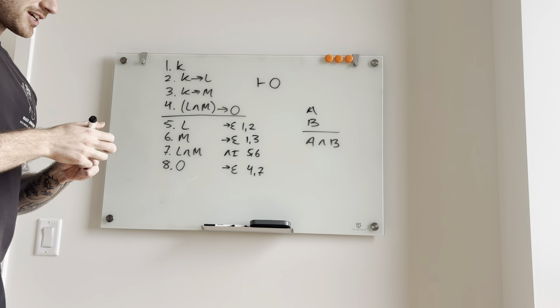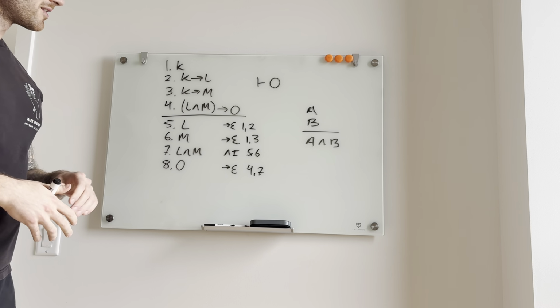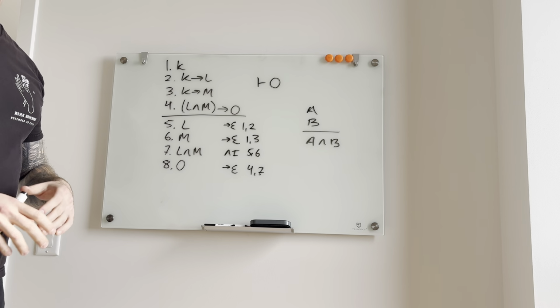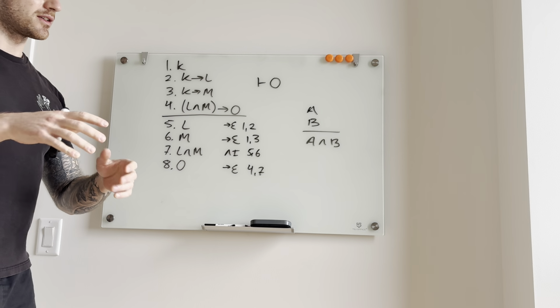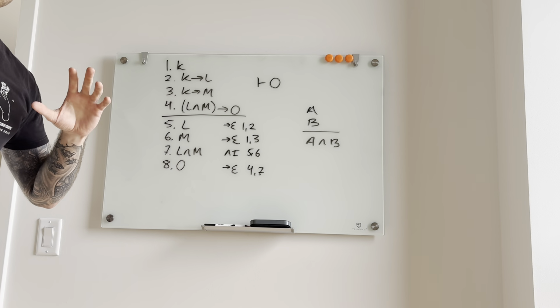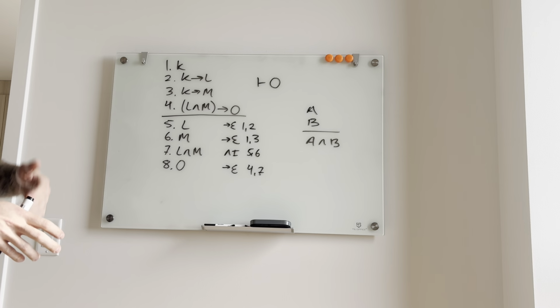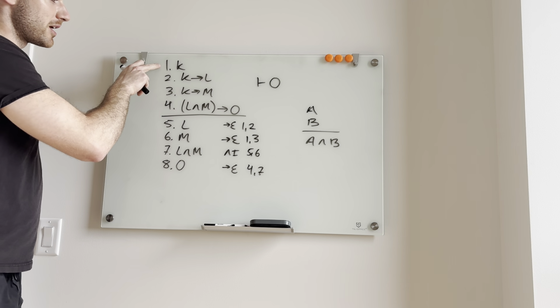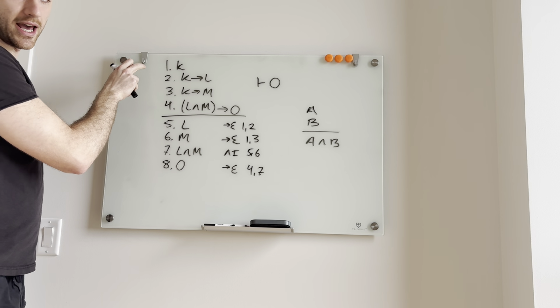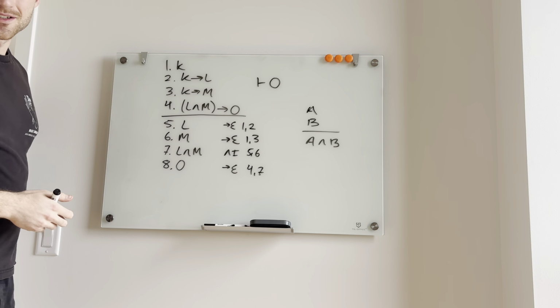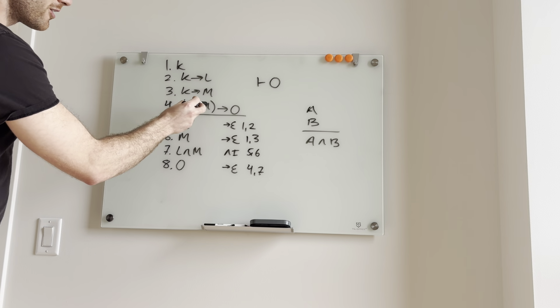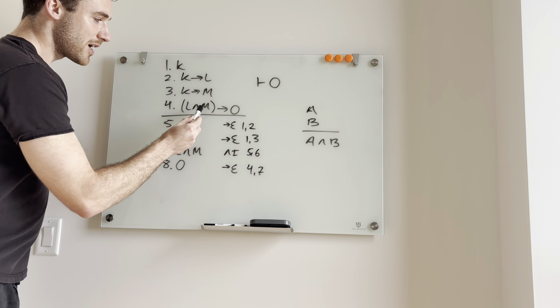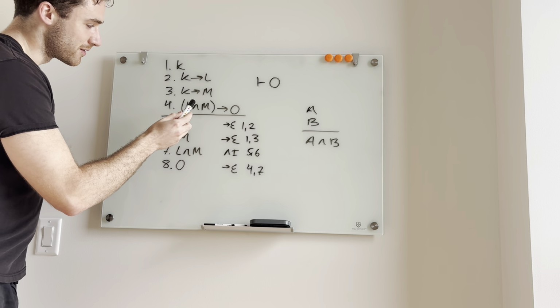So sometimes it takes a little bit of time to realize that these rules can apply to any sentence. It doesn't matter how big the sentence is, it doesn't matter how small the sentence is. Here I used arrow elimination with just these simple K and L and M sentences, right? But here I used it where the left side of the arrow was something more complex, right?